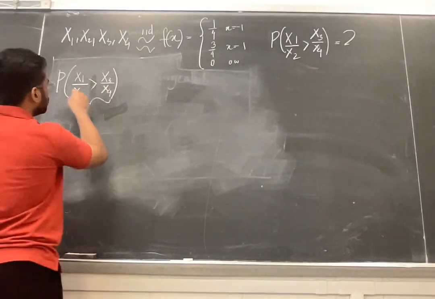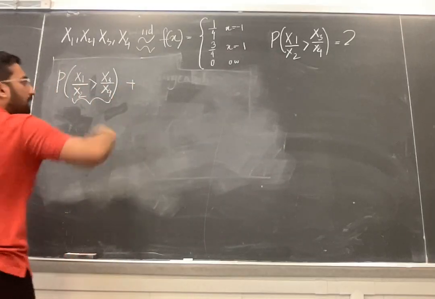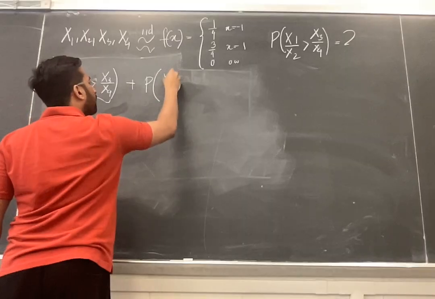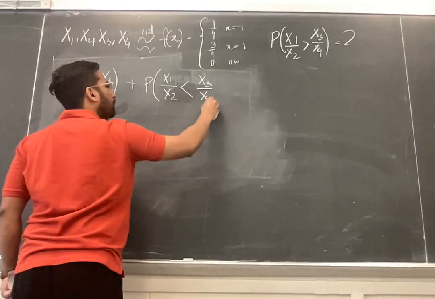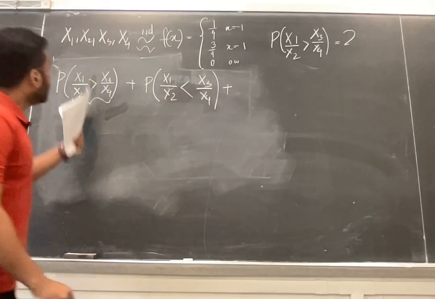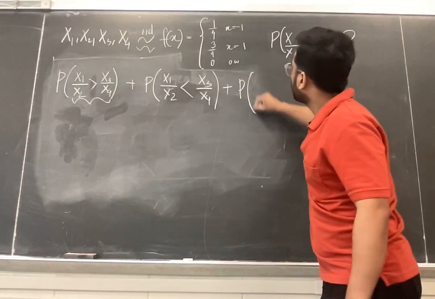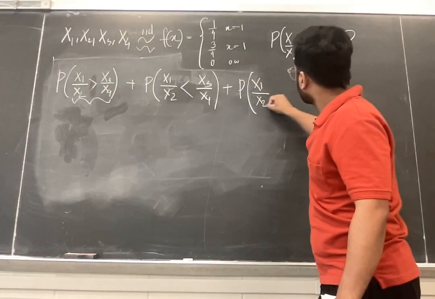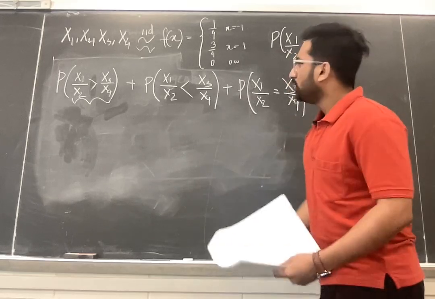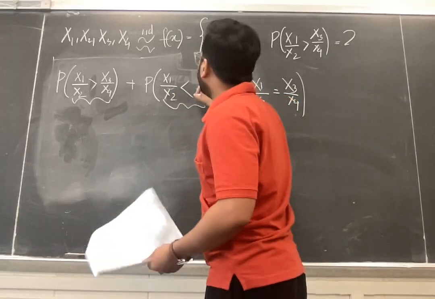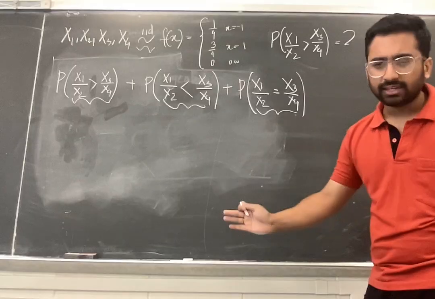The entire sample space is divided into x1 by x2 greater than x3 by x4, plus the other way around, plus what is left: they can be equal. Either the two quantities are greater than each other, or less than each other, or equal to. That consists of the entire sample space.